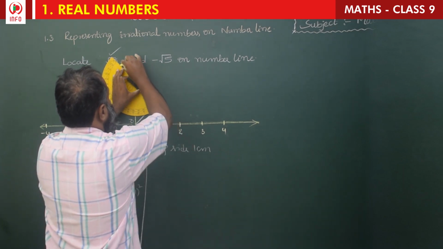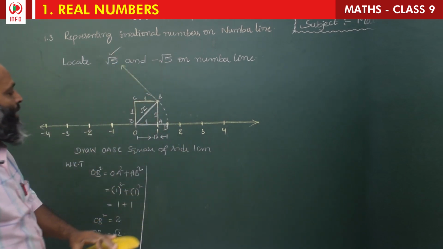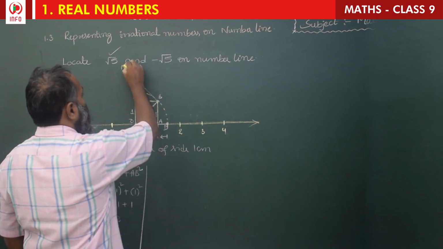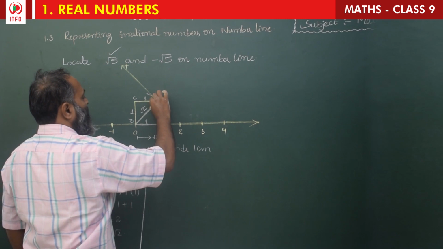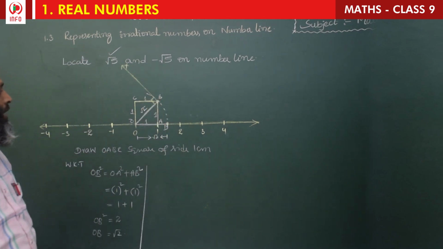BX is a ray which is perpendicular. OB and BX are perpendicular. Here the angle is 90 degrees, here the angle is 90 degrees.